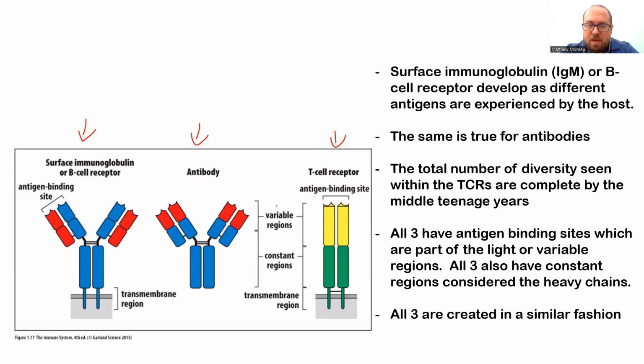What you can gauge from this is that these have two very common regions in that they both have a variable region, and that variable region is facing the outside of these molecules. The variable region, or the Fab region, the fragment of antigen binding region, is what is going to recognize the molecule.